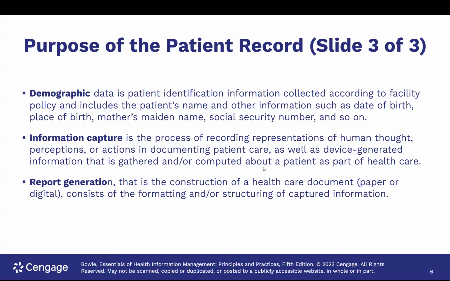And we need to capture the information correctly. This is why when we go to a medical office, we spend time filling out a questionnaire, a form, could be paper or electronic, to gather this type of information.